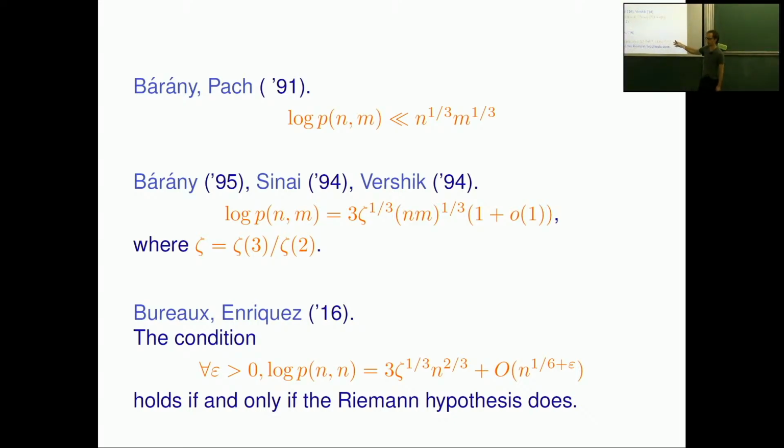Again, this is in the exponent, so it's not quite as good as determining the asymptotics of the quantity Pnn, but they wrote some explicit function for this and showed that bounding the error term is equivalent to the Riemann hypothesis.